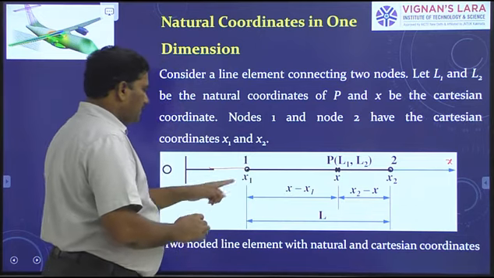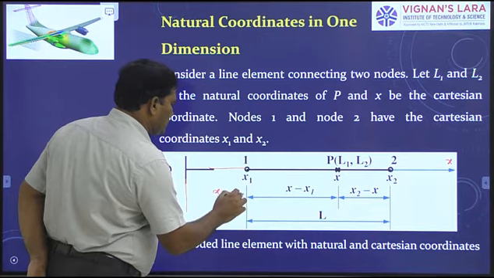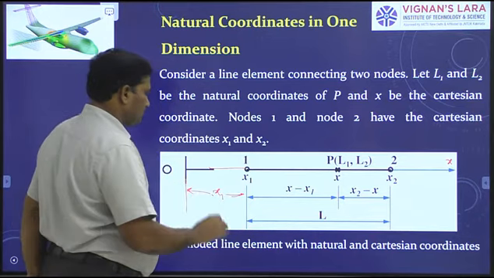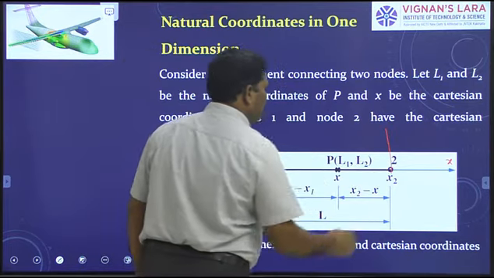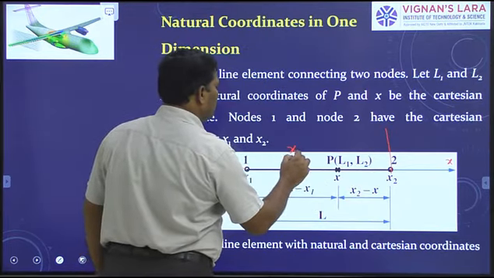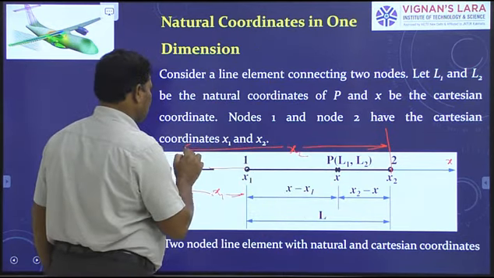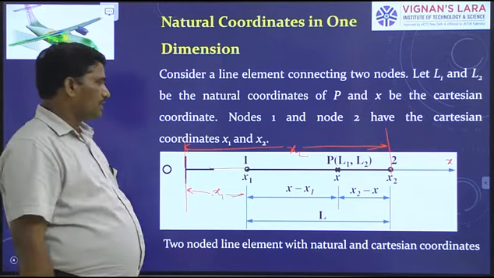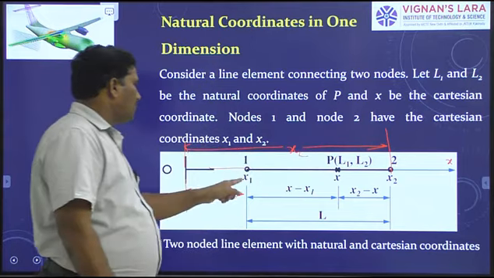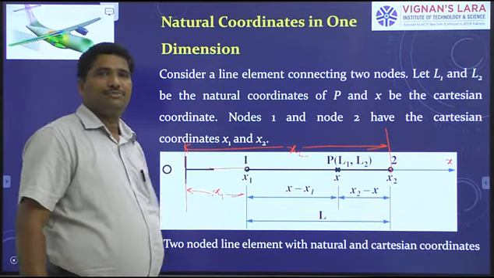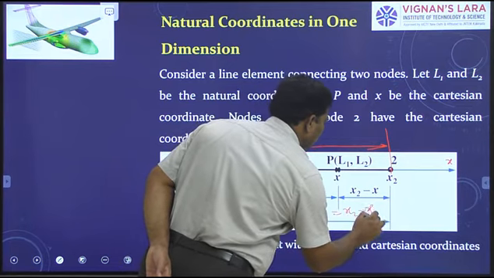Node 1 is specified by the coordinate x1. Node 1 is distant x1 units from O. Next, node 2 is distant x2 units from the coordinate origin O. Therefore, the length of this member is simply x2 minus x1. That is L. Length of this member equals x2 minus x1.